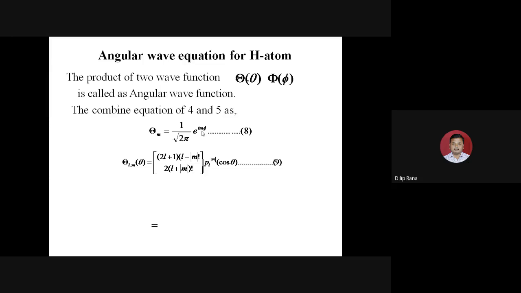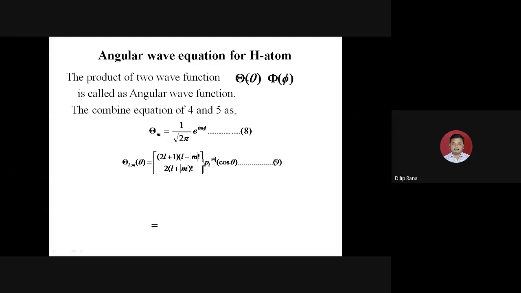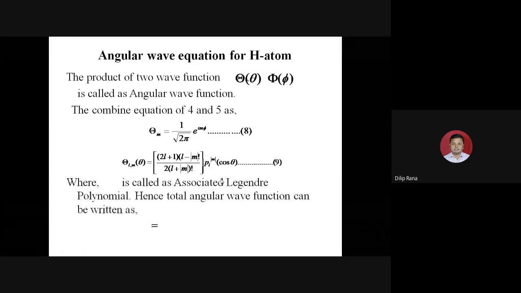When we solve, since it is the combination, we will have L and m. We can see here the solution as 2L plus 1, L minus m factorial, then 2L plus m, and this cos of angular motion.